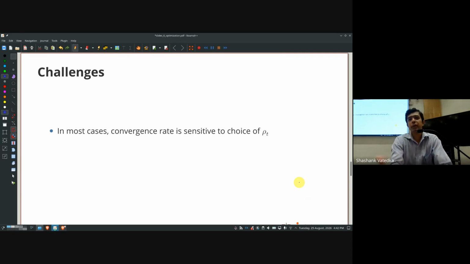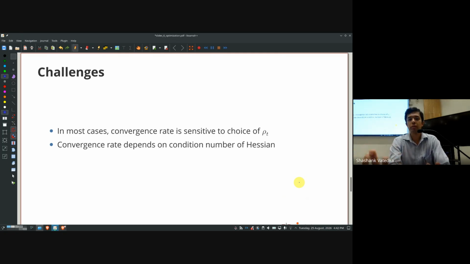But in practice, we don't know what those quantities are. If the function is L smooth or mu strongly convex, we don't really know mu or L in most cases. So typically, you either choose the learning rate in some ad hoc fashion, or you choose it using a validation set.